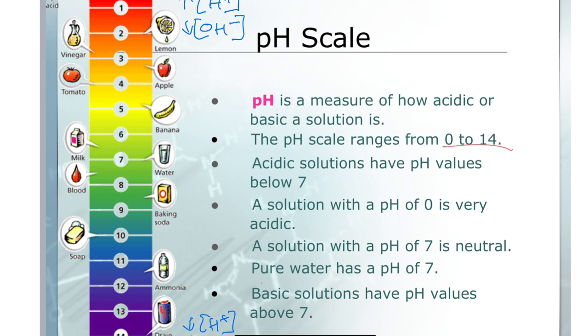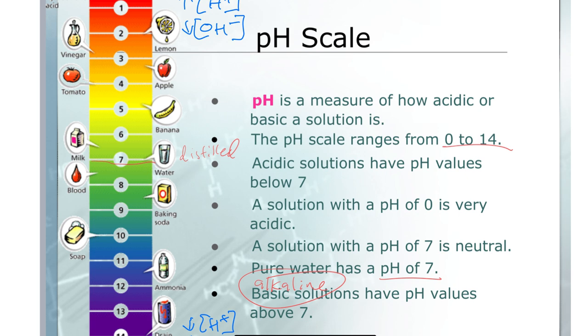The name for basic is alkaline. Neutral, like pure water, distilled water, has a pH of 7, right in the middle, where the OH minus and the H plus ion concentrations equal each other.